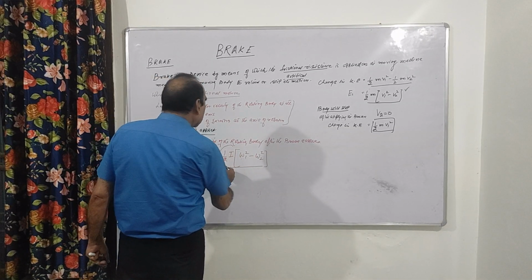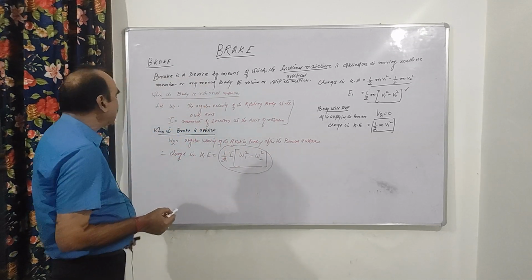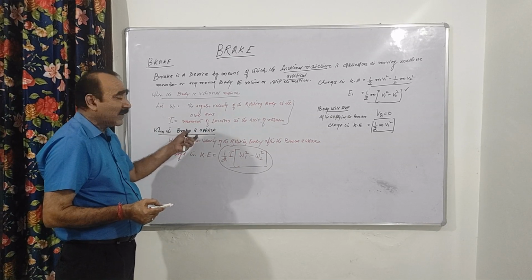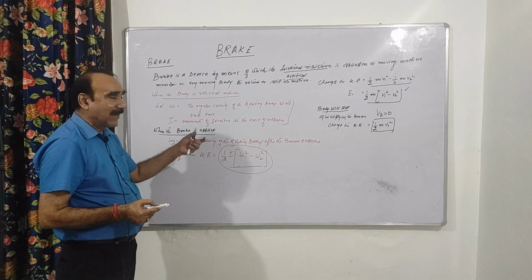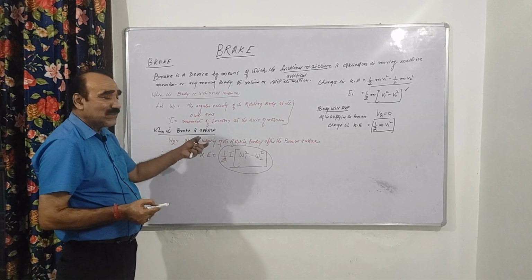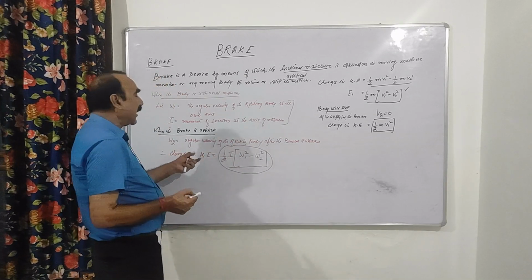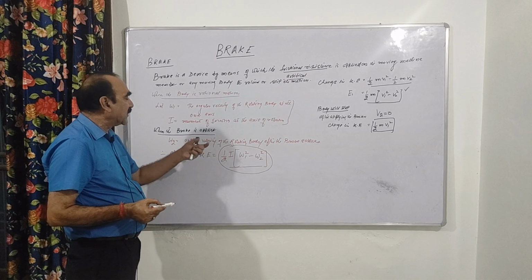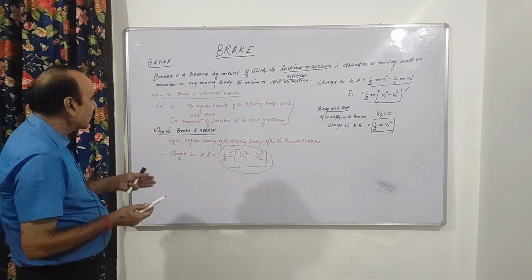So this much of the energy, which is the change in kinetic energy after applying the brake, as the angular velocity of the rotating body changes from omega 1 to omega 2, is being absorbed by the brake, right? You understand?